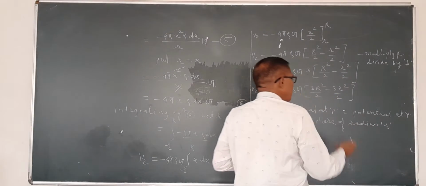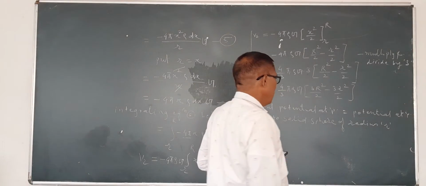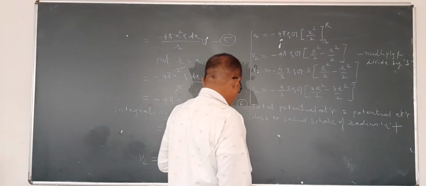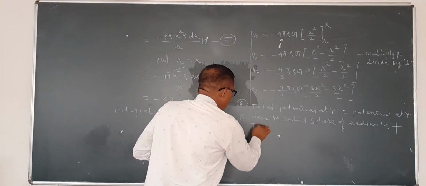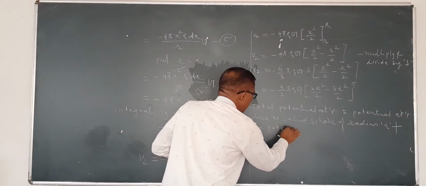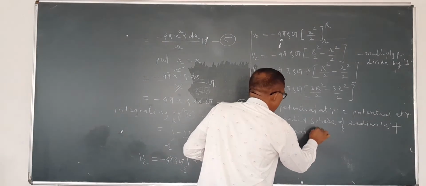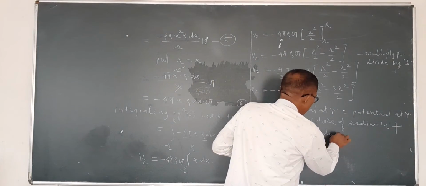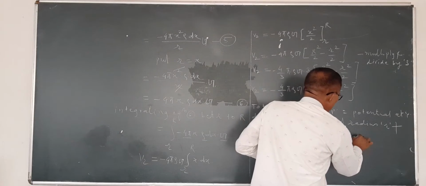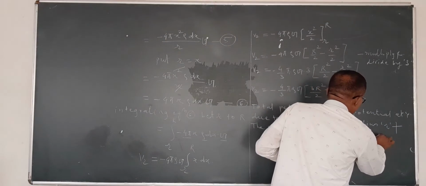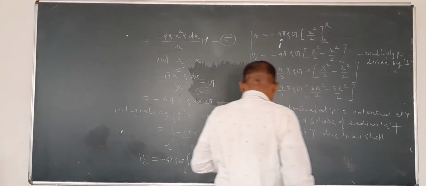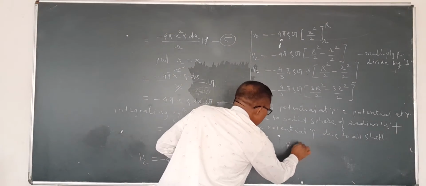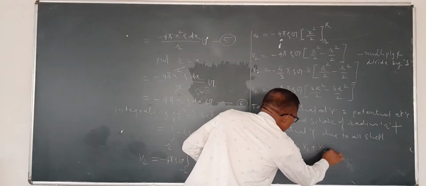This is the inner cell, plus the potential at P due to all cells. Therefore, we can write that as V equals V1 plus V2.